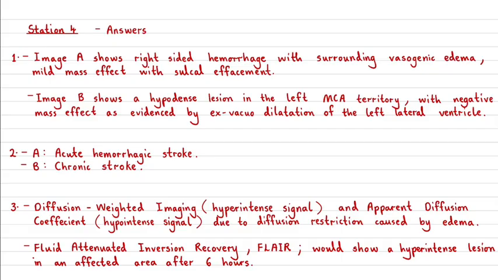In the case of a stroke, there is going to be restricted diffusion because of the edema that happens during a stroke. And the DWI is going to show hyperintense signal in a stroke. And for ADC, it's the opposite, because ADC measures the apparent diffusion.